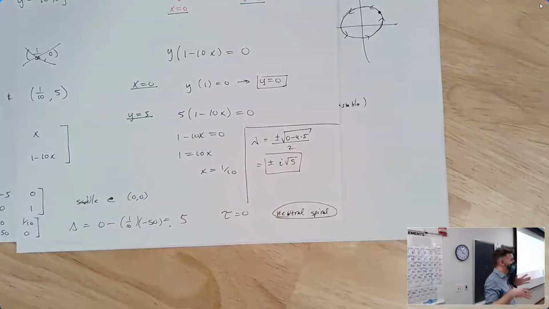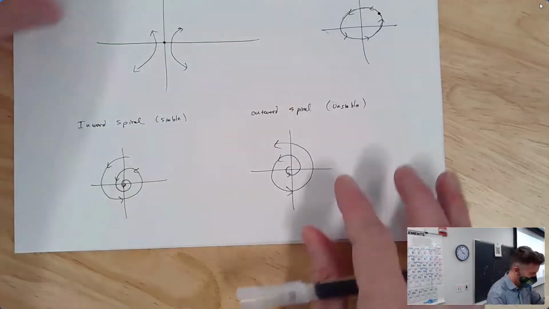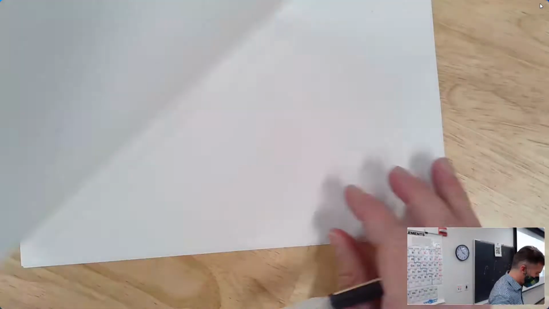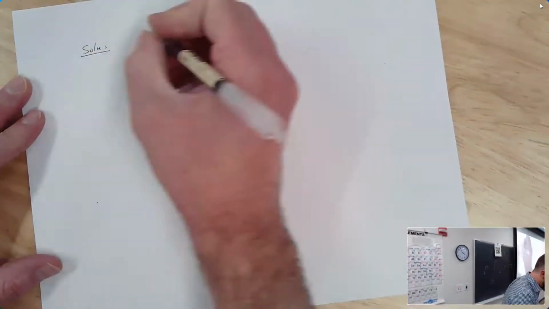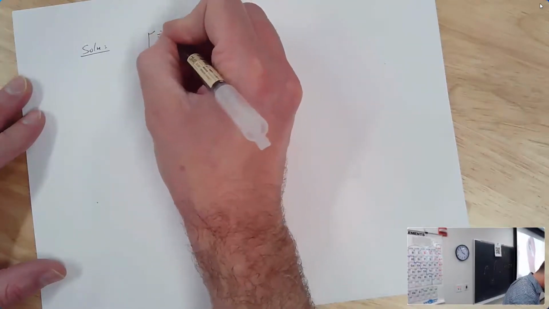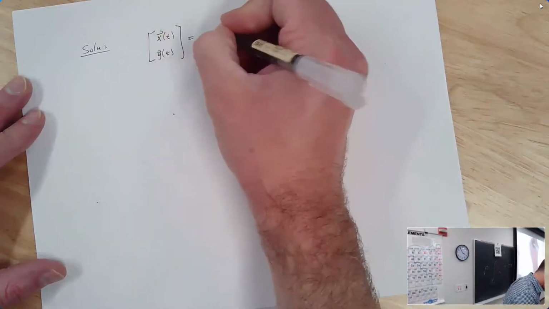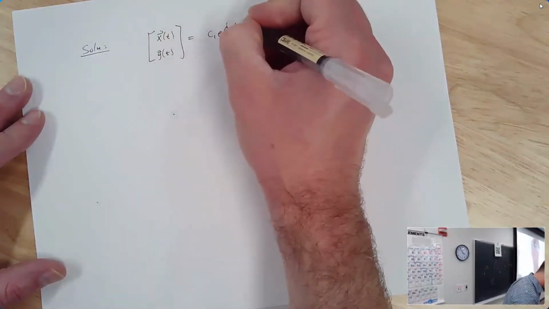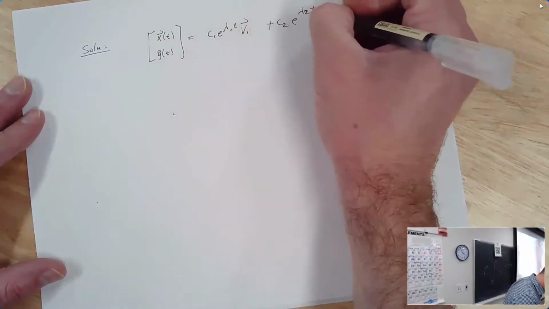You don't have any real part. If you were to write your general solution, which I know is kind of a large thing to do, which is your x of t, y of t, which is your c1 e to the lambda 1 t times v1 plus your c2 e to the lambda 2 t times v2.